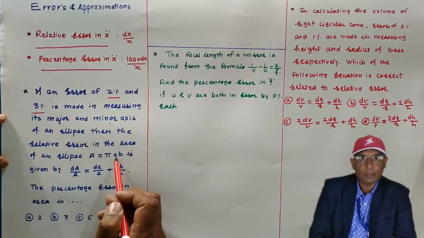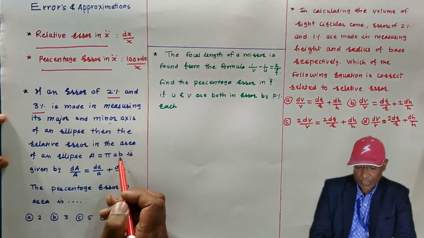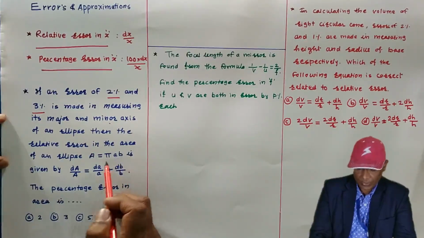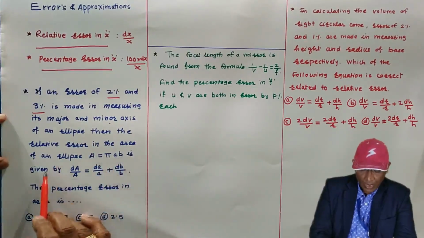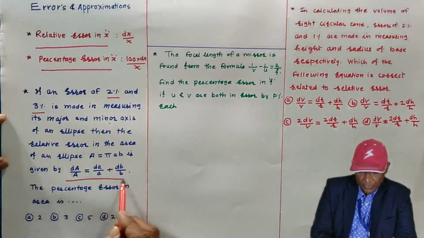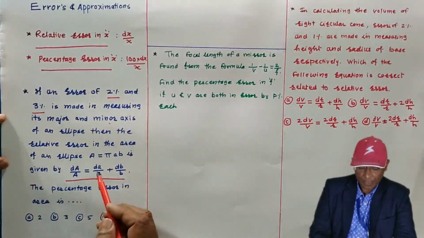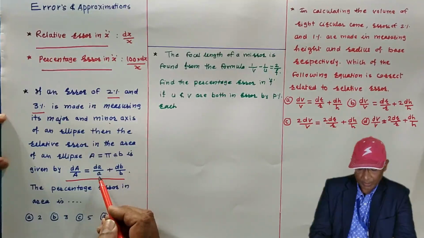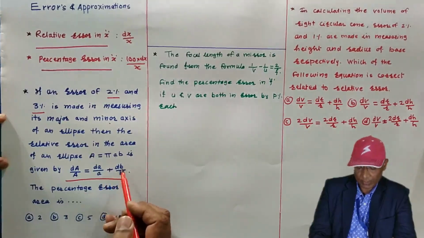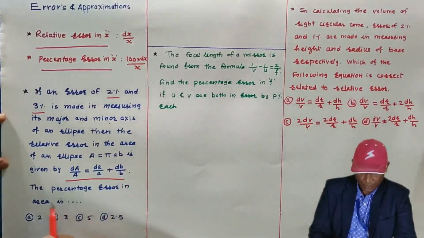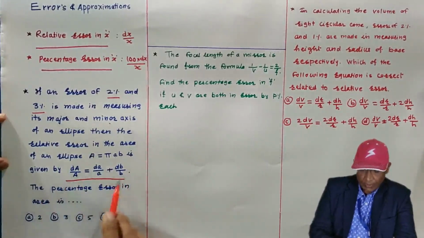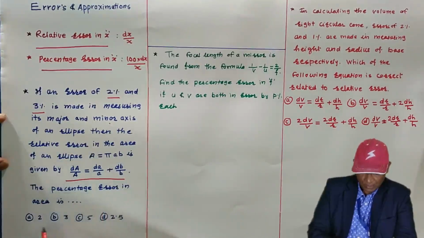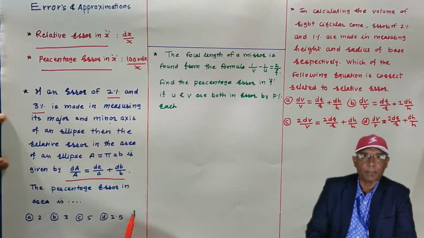Here a is related to the major axis and b is related to the minor axis. And the relative error equation is also given: dA by A equals da by a plus db by b. The percentage error of this we have to calculate.